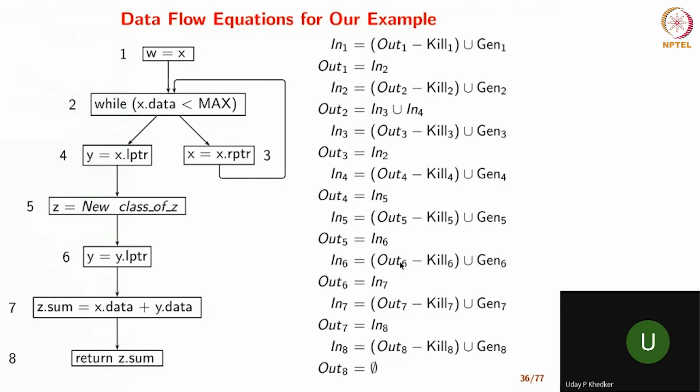The interesting thing to observe is that because of the presence of a loop, there is a simultaneous dependence, a self-dependence of a data flow variable. And that is why these are simultaneous equations.